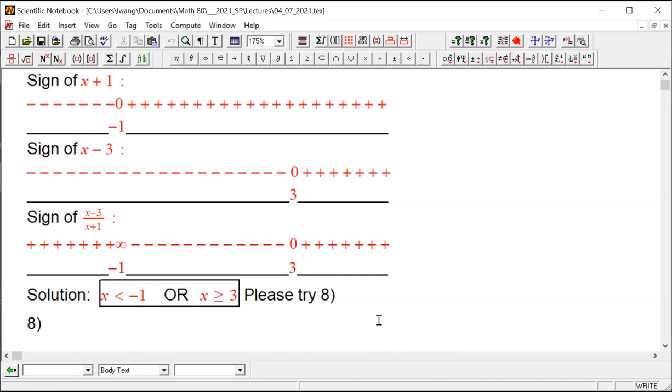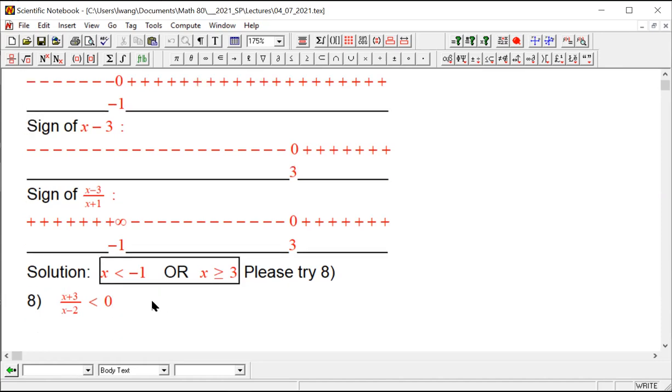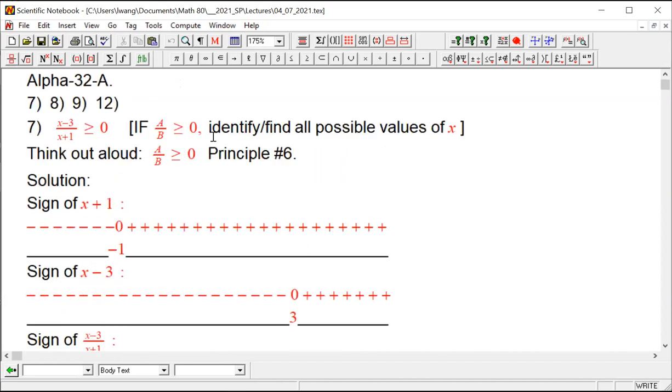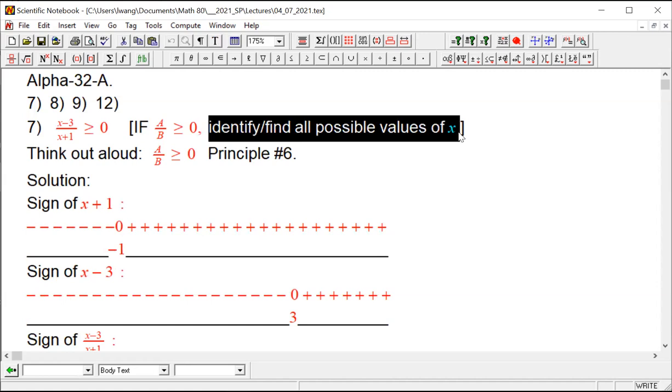Number 8. We wish to have the quotient x plus 3 over x minus 2 less than 0. We want a negative quotient, right? So the if statement goes, if that quotient is negative, and still the same task: identify or find all possible values.